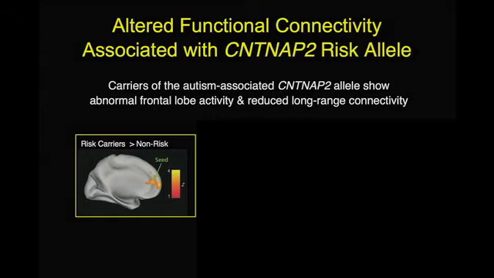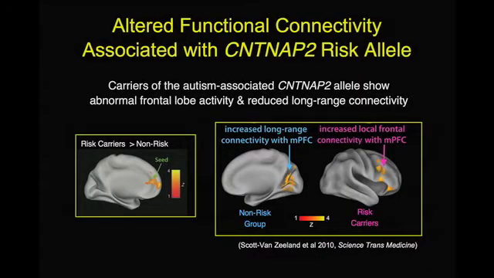Then we treated this region as our seed region, extracted the time series, and looked for wherever else in the brain there may be activity that co-varies with this one. We found that the non-risk group had significantly stronger connectivity between this frontal region and this posterior region. So increased long-range connectivity in the non-risk group, and increased local connectivity between this frontal region and other frontal regions in the group that had the risk allele.